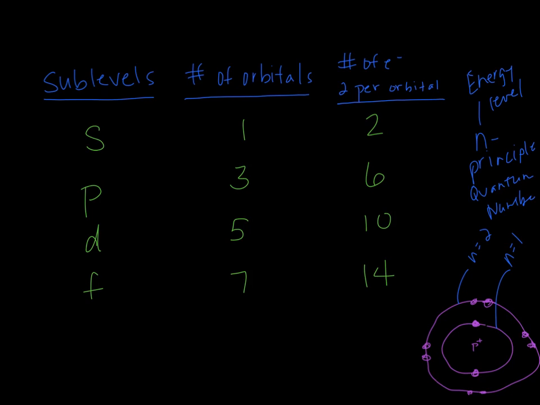Well, when n is equal to 1, there can only be an s orbital. When n is equal to 2, there's an s and a p orbital. When n is equal to 3, there's an s, a p, and a d orbital.